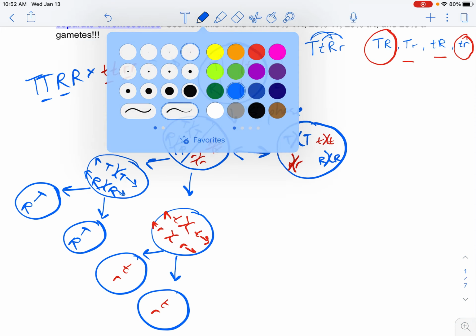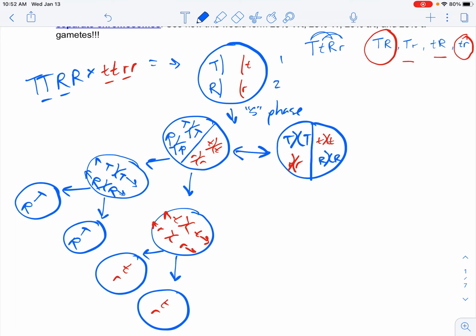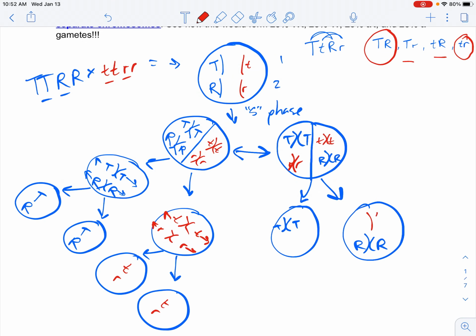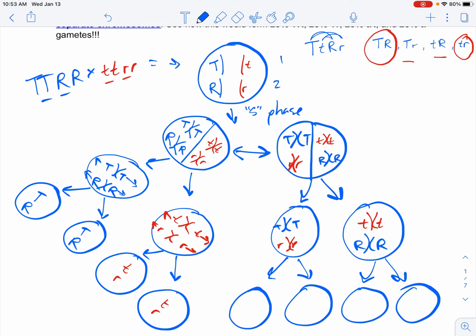Okay, and then when this thing split, see how we're going to get different combinations there, and then we're going to go through meiosis 1. And then when these things split again in meiosis 2, we're going to end up with these combinations, with these cells.